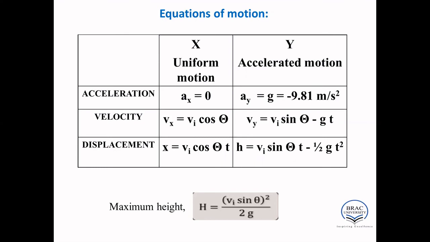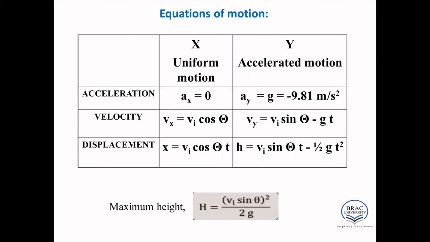Along the x-axis, the first velocity equation is vx equal to vi cos theta. Here vi is the magnitude of the initial velocity, and theta is the angle between the x-axis and the vector vi. For the y component, vy is equal to vi sin theta minus gt.